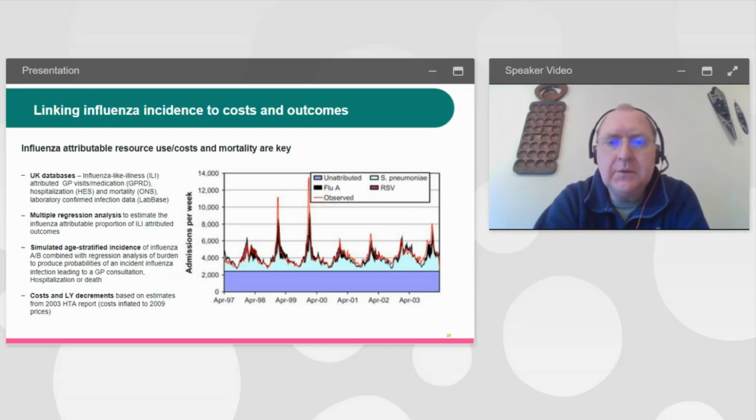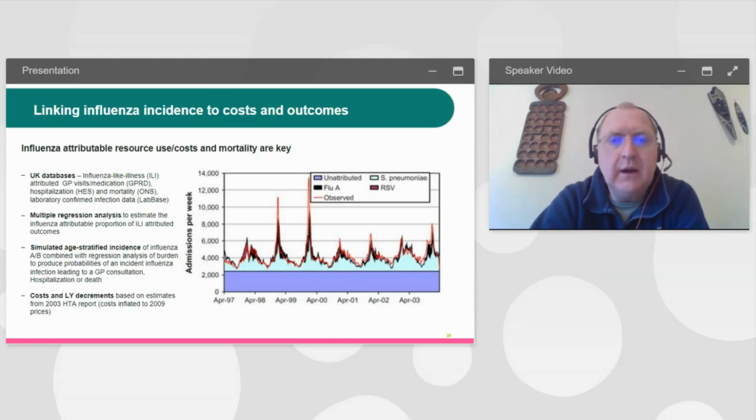That data was derived from a set of UK databases. Influenza-like illness attributable to GP visits can be obtained from what's now the Clinical Practice Research Datalink, the CPRD database.